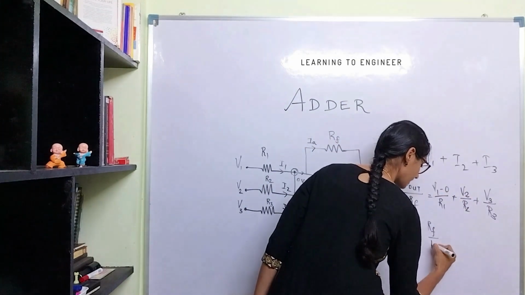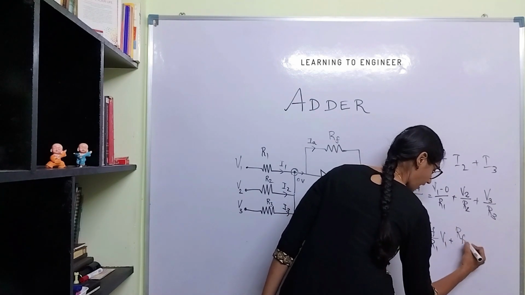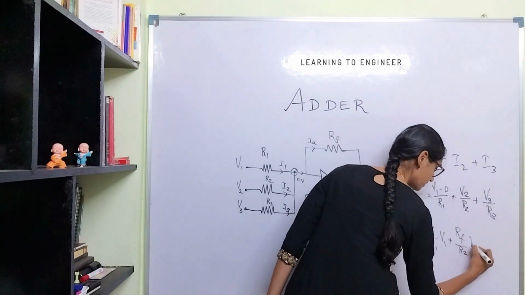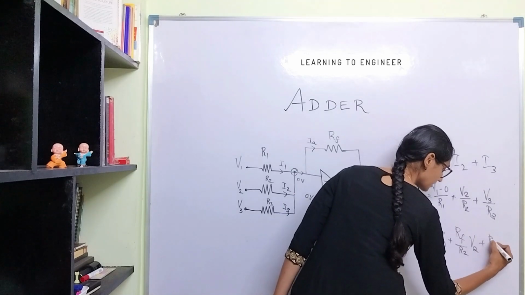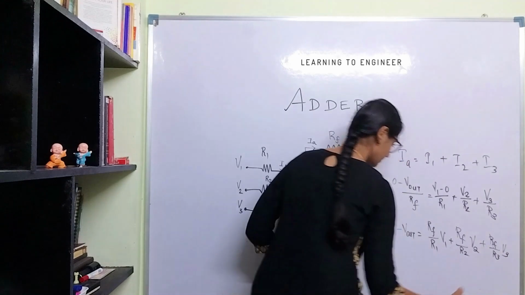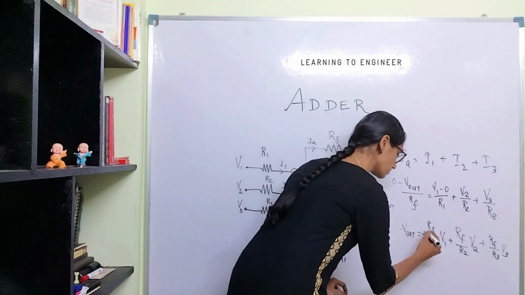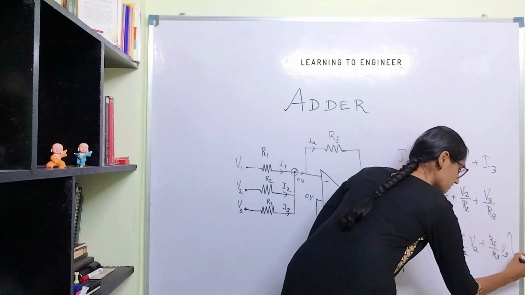So it is RF by R1 into V1 plus RF by R2 into V2 plus RF by R3 multiplied by V3. This is negative of V out. Positive of V out would be the minus of the addition of all these.